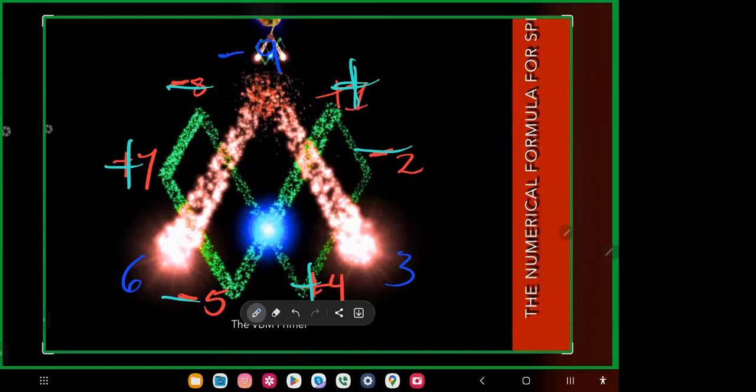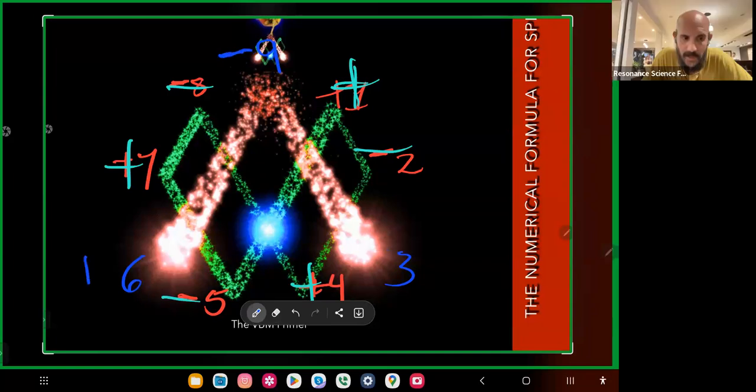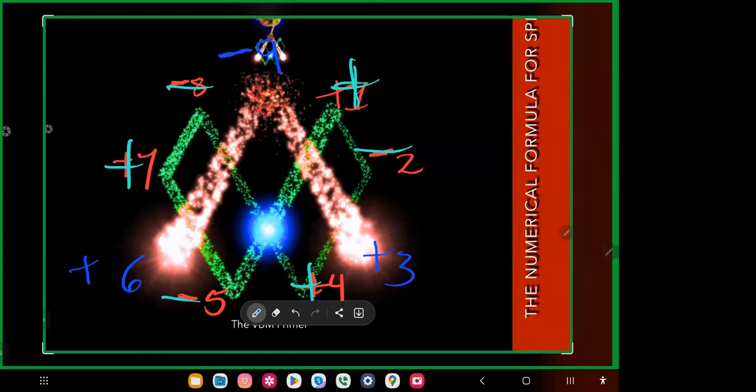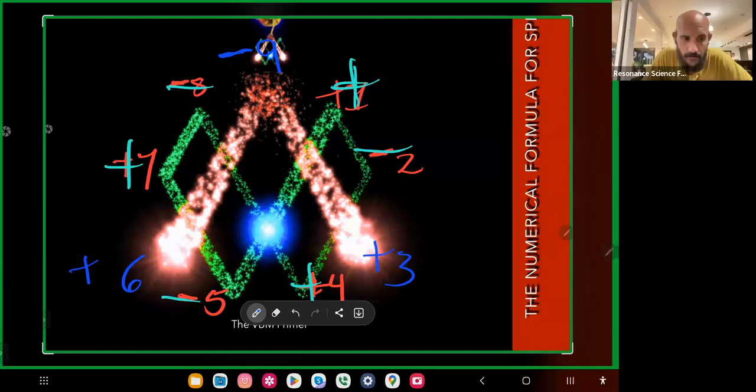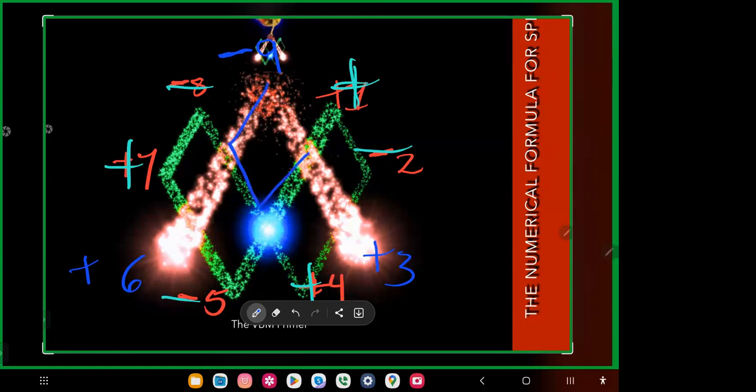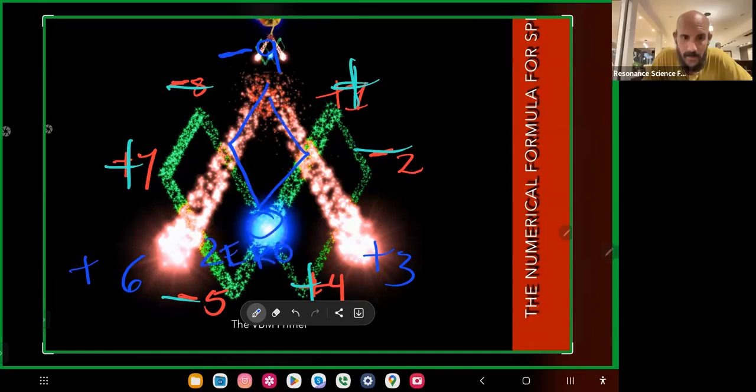When 9 is negative, 3 and 6 are both positive. 9 is the control. It lines up vertically over the 0.